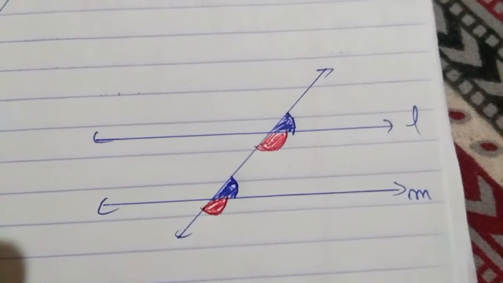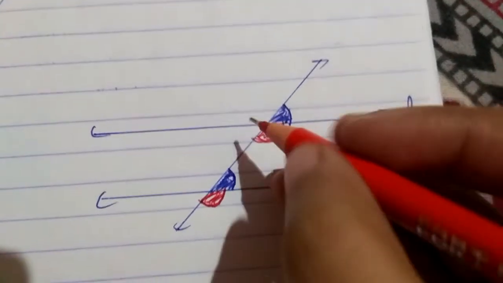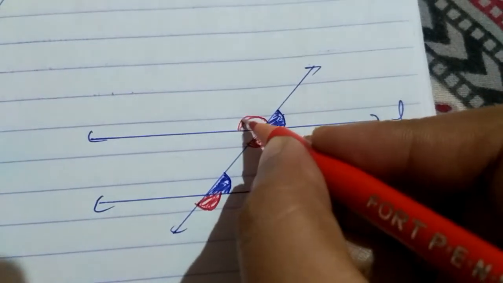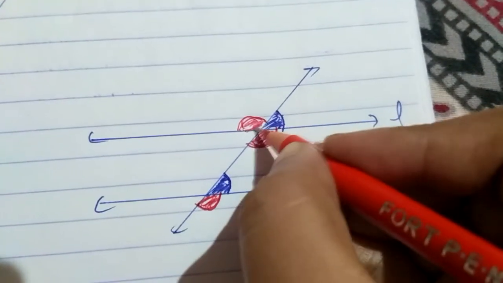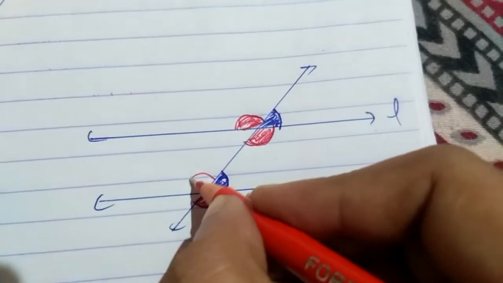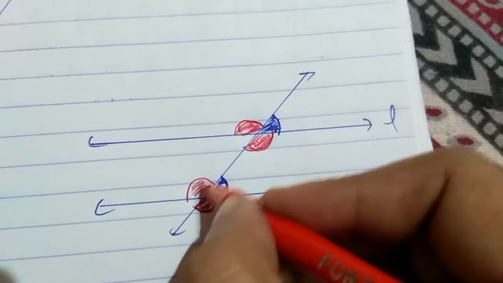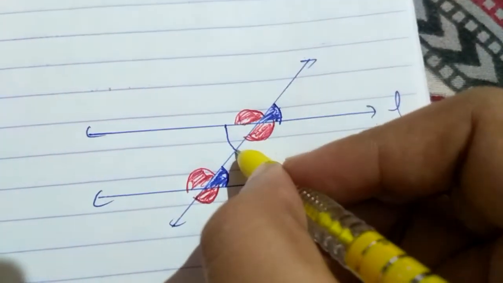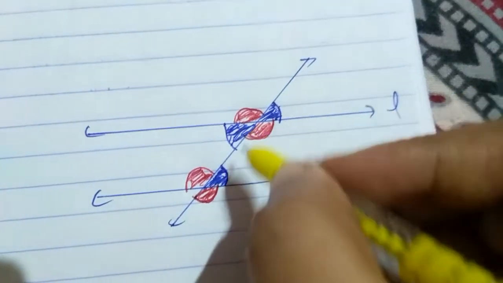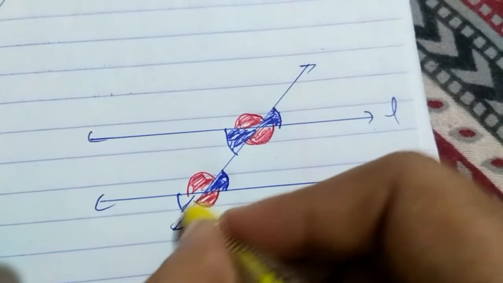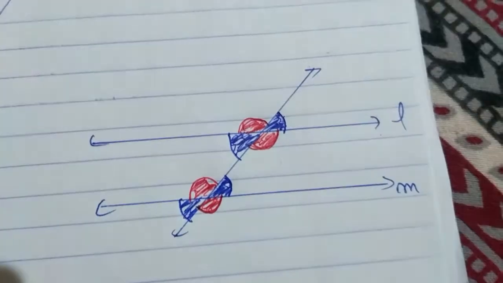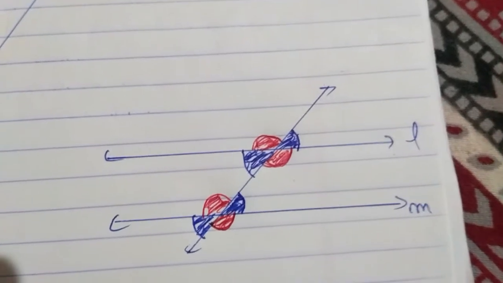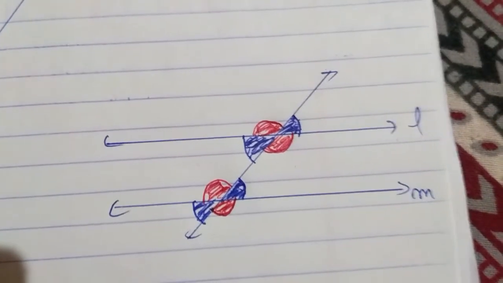Okay, clear? Same when I take this one, this is the same as this angle, and this one is the same as this angle. This is the property. Okay, so let me solve one question here.